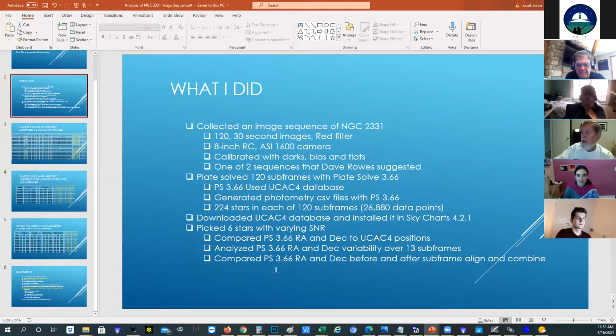And then, one way to reduce the difficulty of analyzing is to align and combine first. So for a dozen subframes, I did that and compared to just averaging, and saw how much the aligned and combined solutions differed from just averaging. So there are just 3 charts that quantify that.